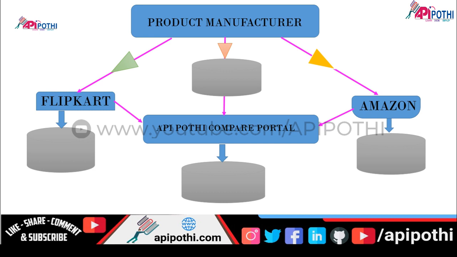Here also we are going to write the Feign client in order to get the product detail from product manufacturer. Once Amazon is done, then we are going to create another microservice which is the API compare portal. And here we are going to write the operation to compare both the product prices.